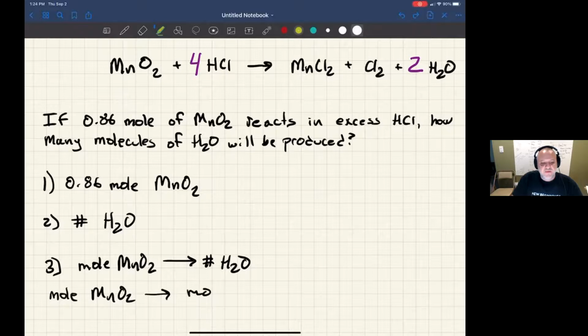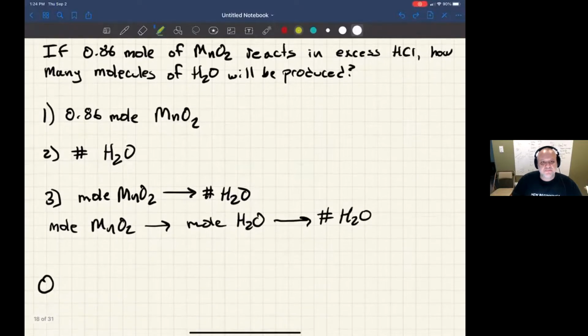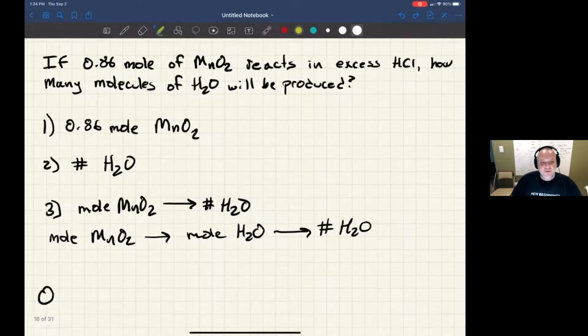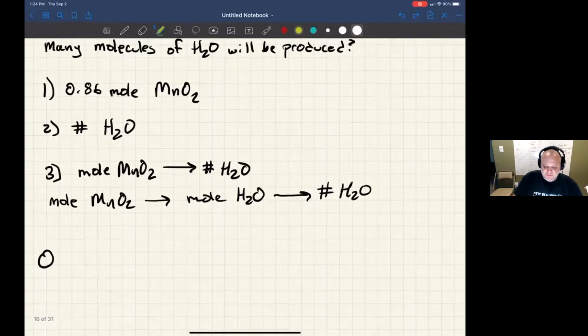There isn't a direct relationship, but I can use the chemical equation to make a relationship between moles of manganese 4 oxide and moles of water. Once I have moles of water, I can use Avogadro's relationship to calculate the number of water molecules.